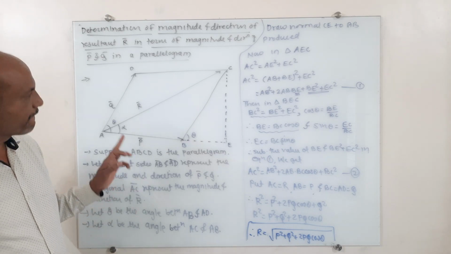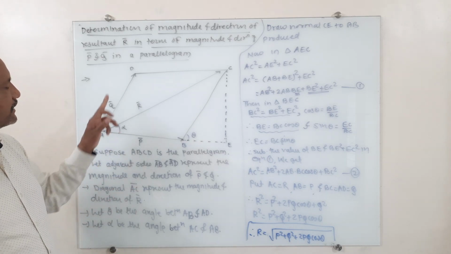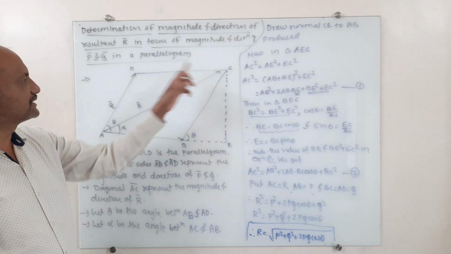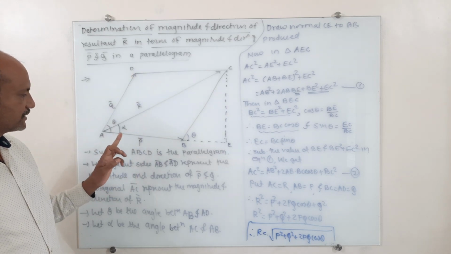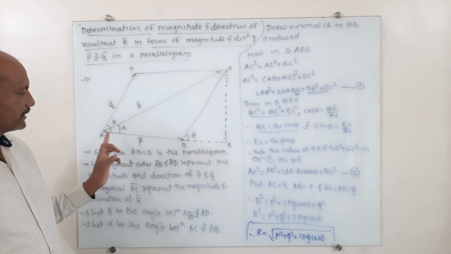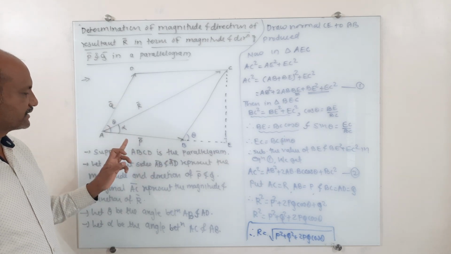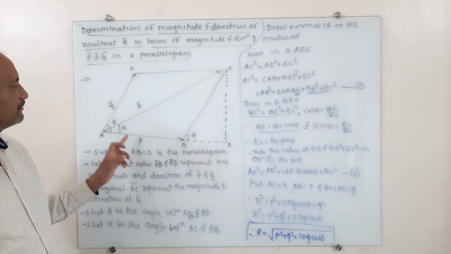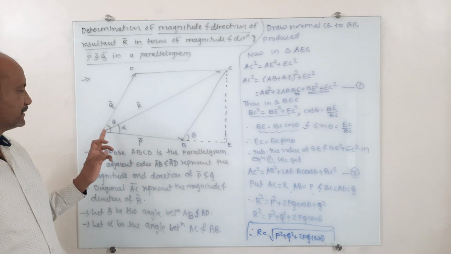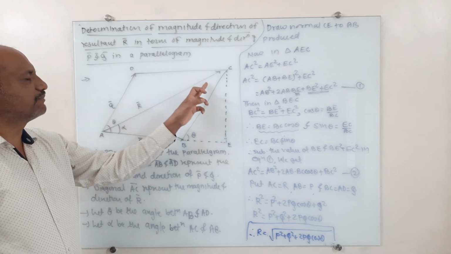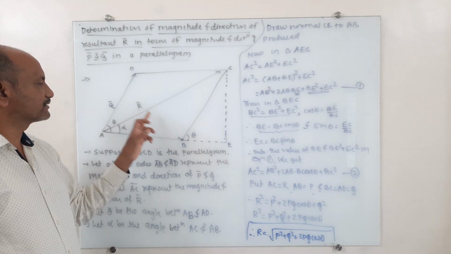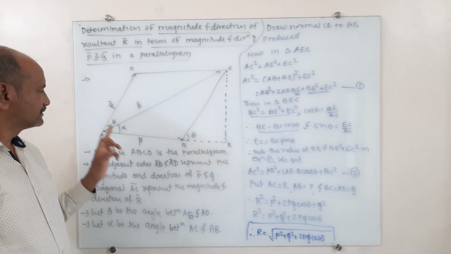Listen carefully. Consider a parallelogram ABCD in which adjacent sides AB and AD represent the magnitude and direction of P bar and Q bar. Diagonal AC bar represents the magnitude and direction of the resultant R bar.